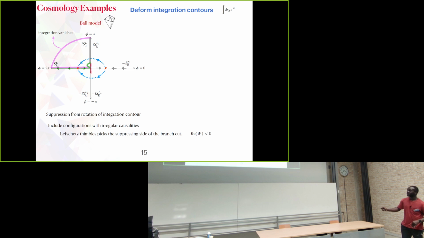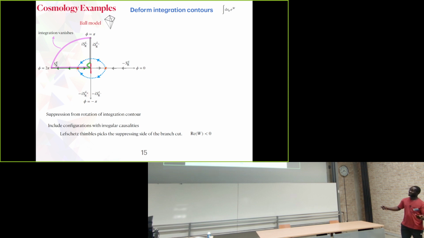This is where the causality violations are. You can try to compute the integral along this by deforming to this contour, shown in the pink line. I do the integration here, and using Cauchy-Riemann, I can compute the integral along this direction. It turns out that this integration vanishes, so you basically have to do just this integral, and it's easy.